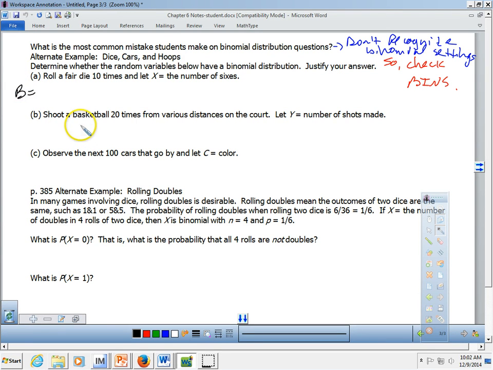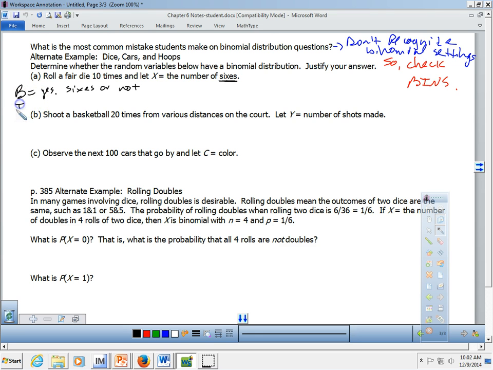Is this situation binary? Do we have basically 2 possible outcomes? We're defining our random variable as the number of 6s. So when I roll a die, what am I counting? I'm either counting that there's a 6 or there's not. Okay? So, yes, this is binary. We're counting 6s or not.